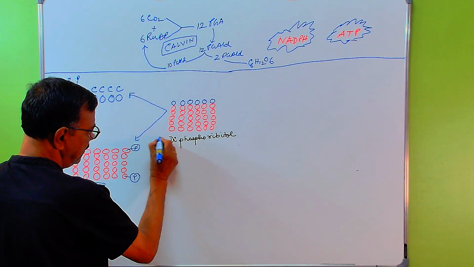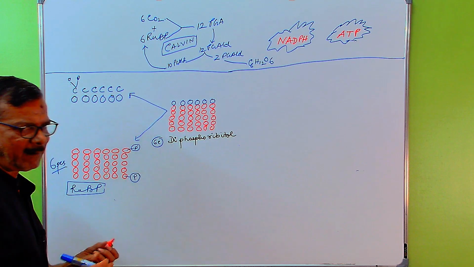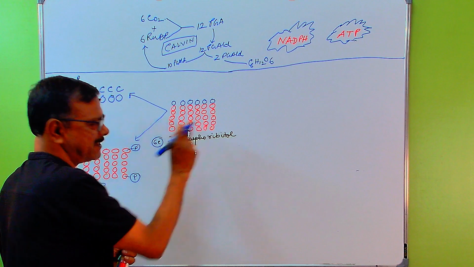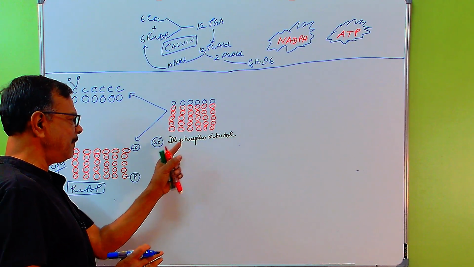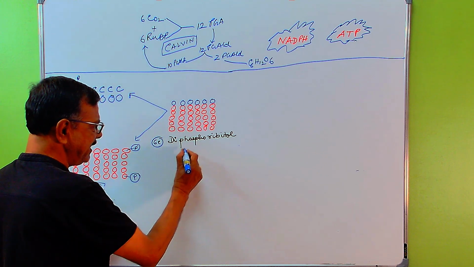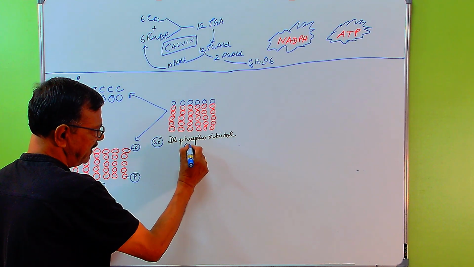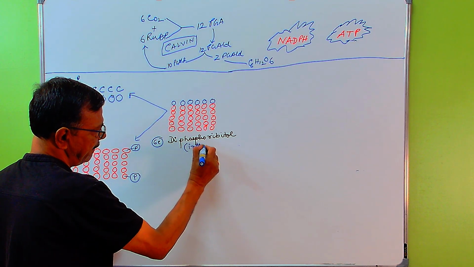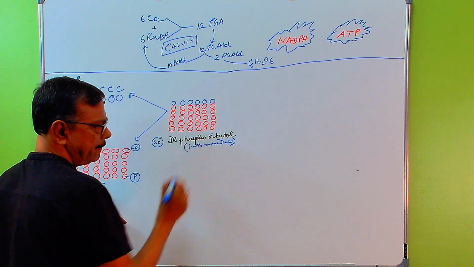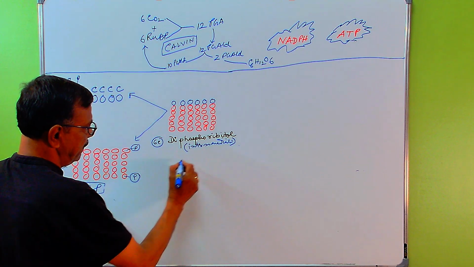Now how many pieces are there? 1, 2, 3, 4, 5, 6. So 6 pieces of the 6 carbon compound. It is an intermediate, unstable.